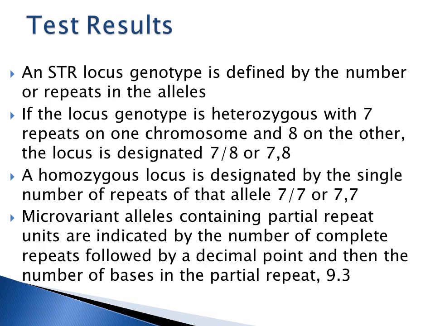A homozygous locus is designated by the single number of repeats of that allele, 7-7, 7,7, or just 7. Microvariant alleles containing partial repeat units are indicated by the number of complete repeats, followed by a decimal point, and then the number of bases in the partial repeat. So for example, 9.3.